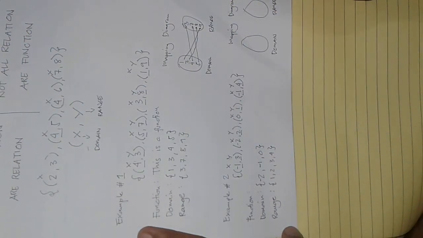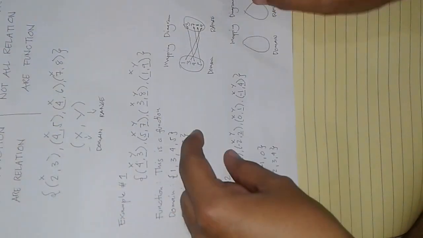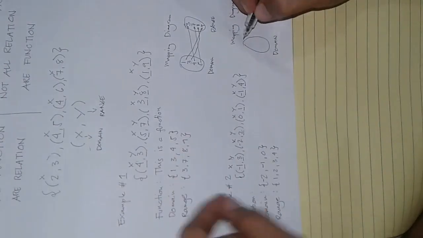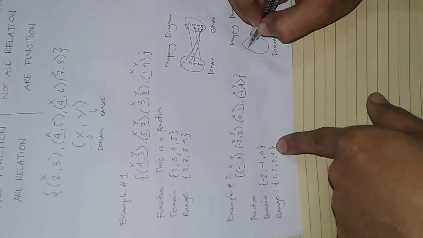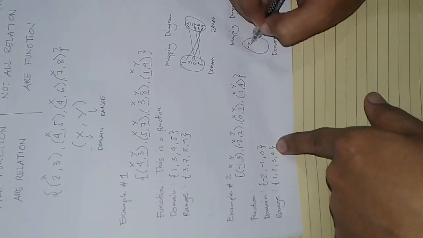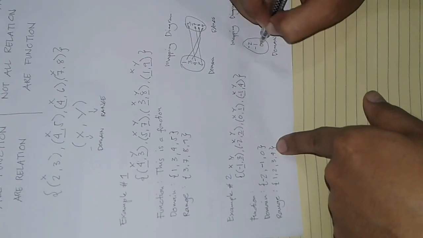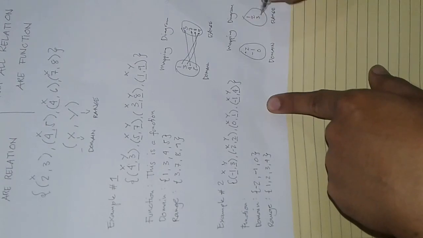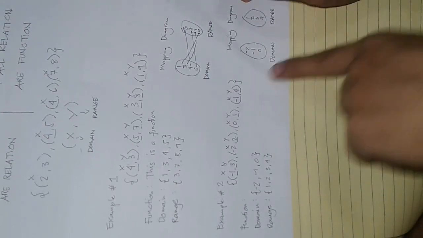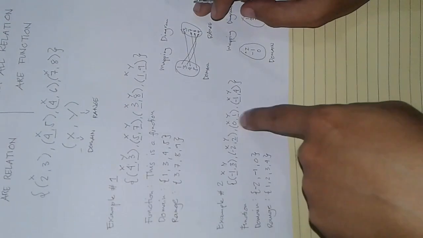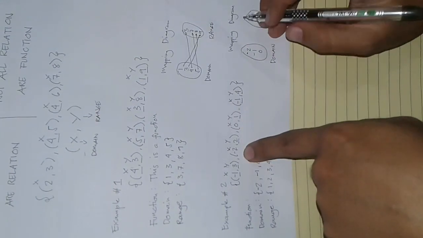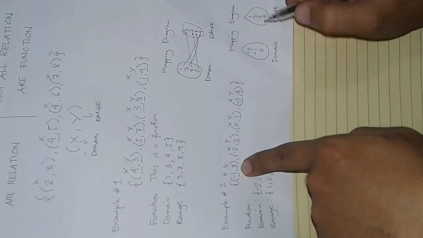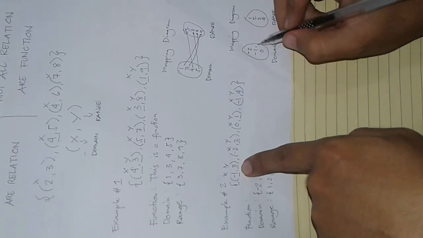Very good. So we will do the same technique in the mapping diagram. Our domain will be negative 2, negative 1, and 0. Our range is 1, 2, 3, and 4. So looking at the relation and ordered pairs, we can now plot the mapping diagram.